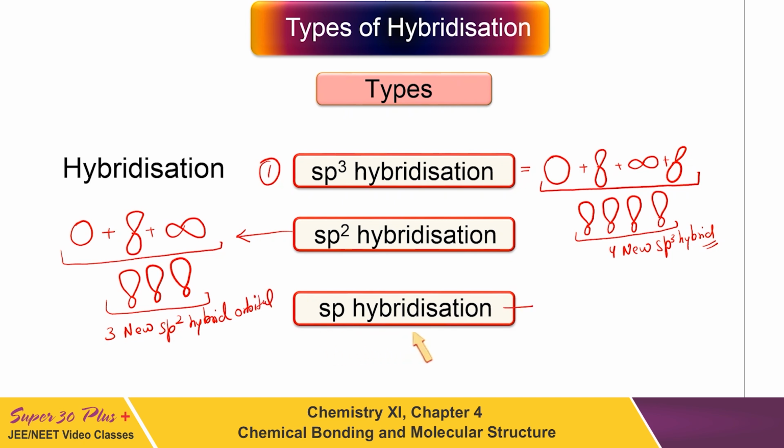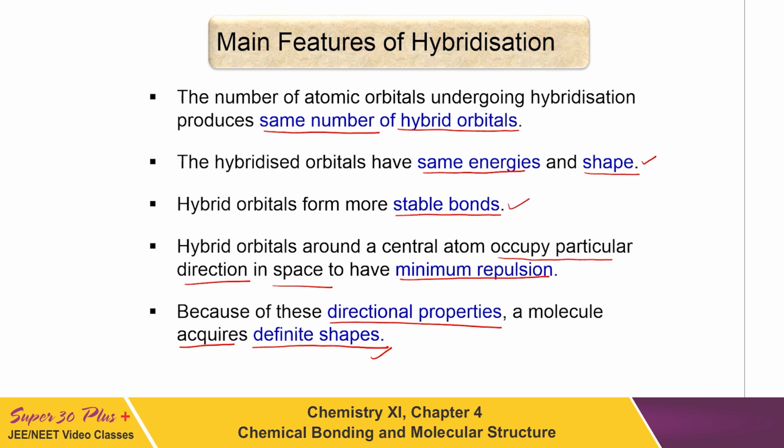What about sp? In this, one s and just one p overlap and they form 2 new sp hybrid orbitals. So like I said in the previous slide, the number of atomic orbitals undergoing hybridization produces the same number of hybrid orbitals.